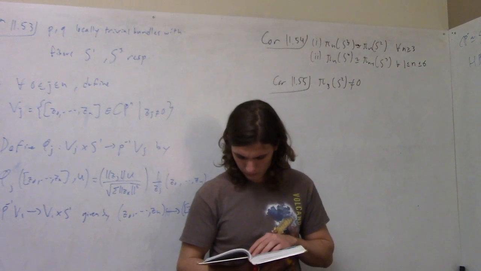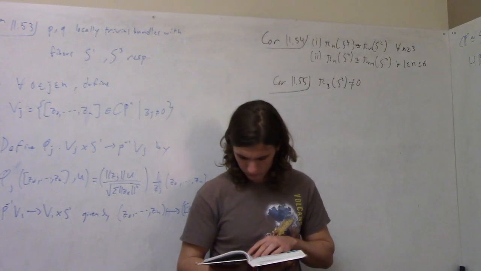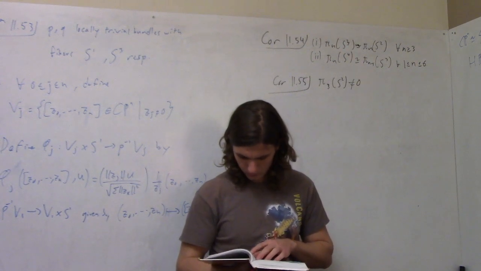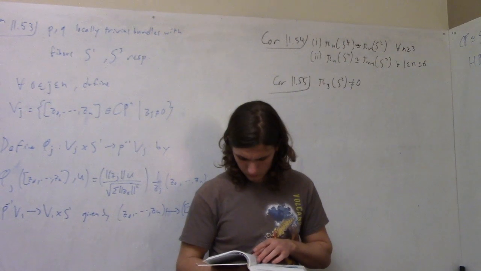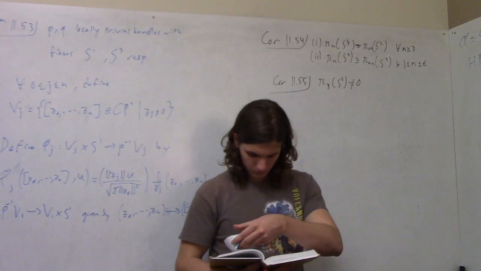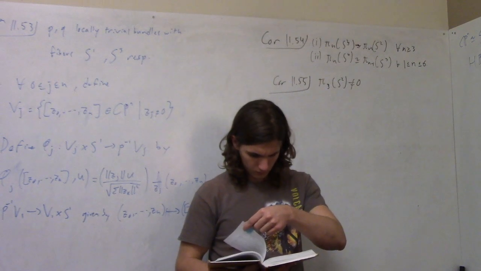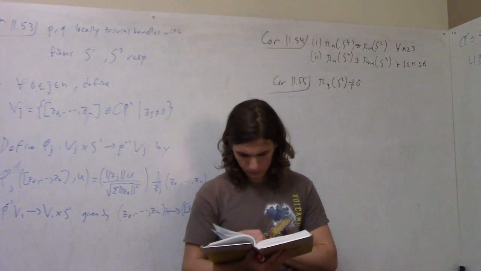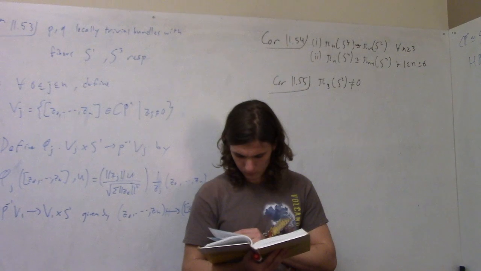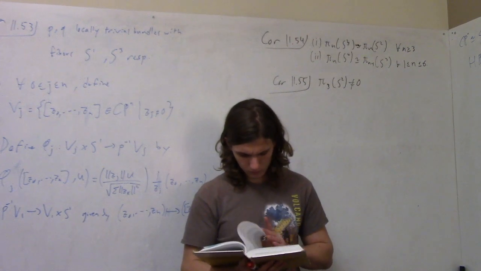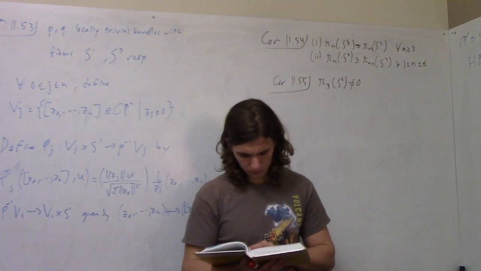On the other hand, since there's a locally trivial bundle, the 2n+1 sphere to CPn with fiber S1, theorem 11.51, which was, where was that? So the homotopy sequence of a weak fibration yields that the qth homotopy group of the 2n+1 sphere is isomorphic to the qth homotopy group of CPn.